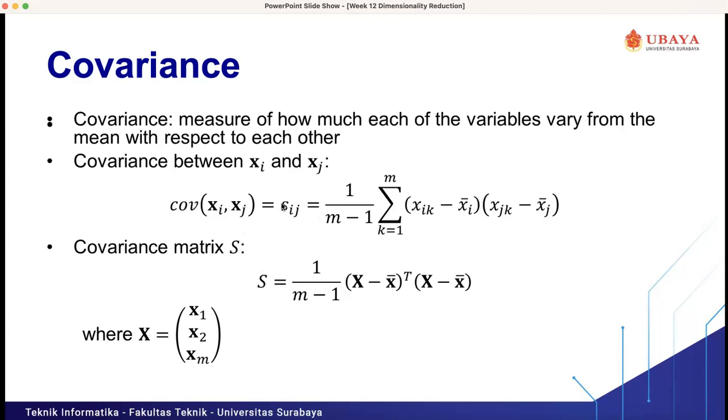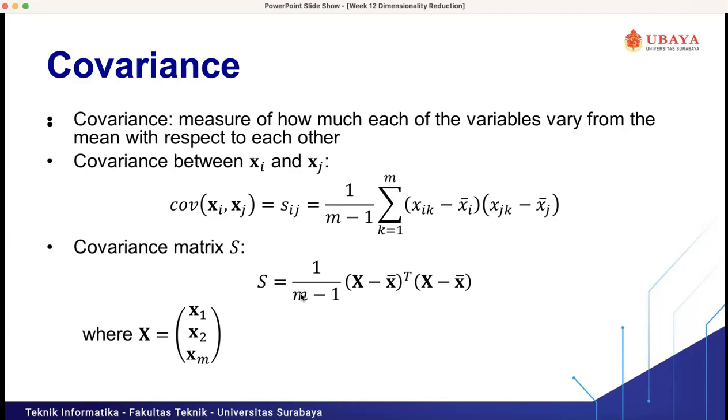If we represent the covariance using vectors, this is actually the same formula, but we calculate it in vector form. This is a different formula compared with our previous formula.